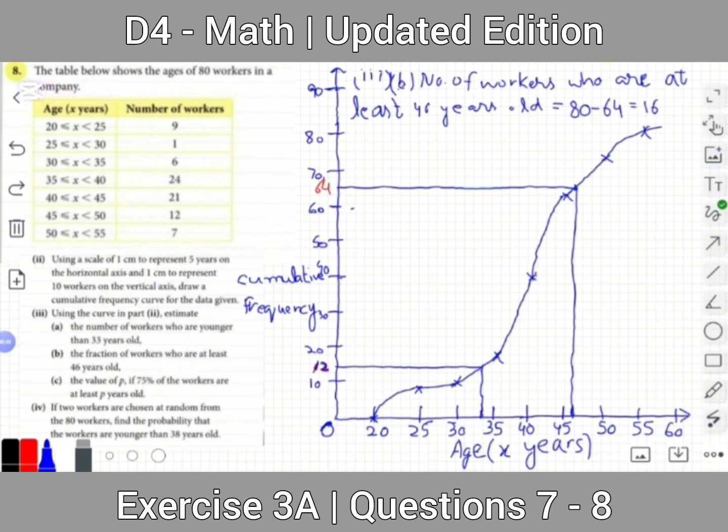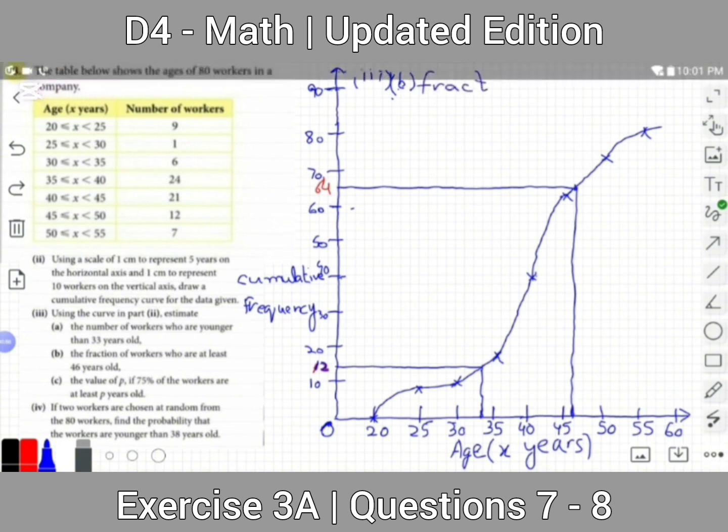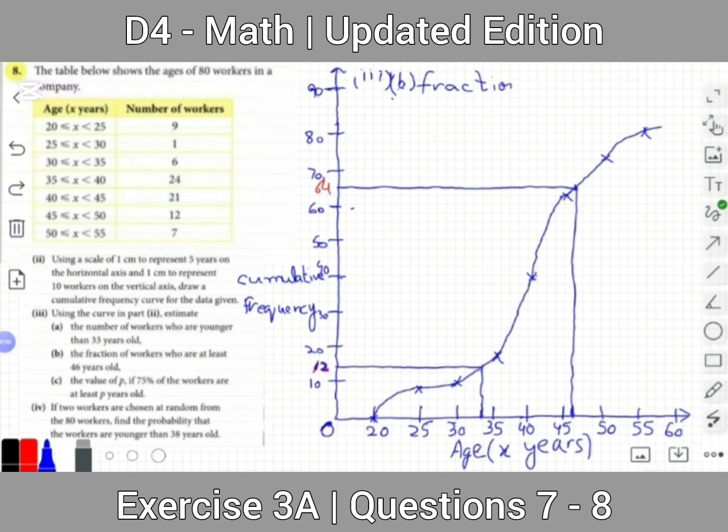So now we have to find out the fraction of workers who are at least 46 years old is equals to the number of workers who are at least 46 years old, 16, and the total number of workers is 80.